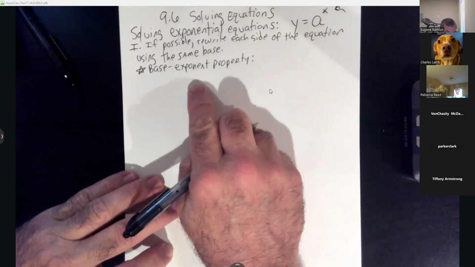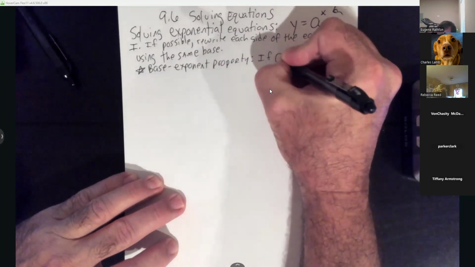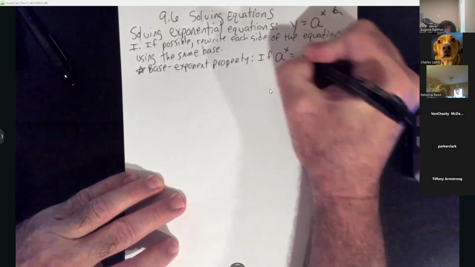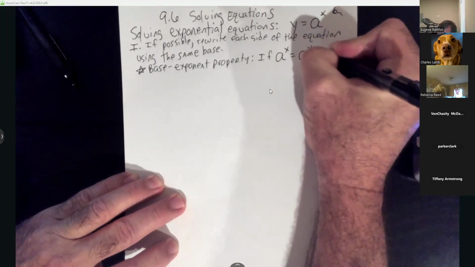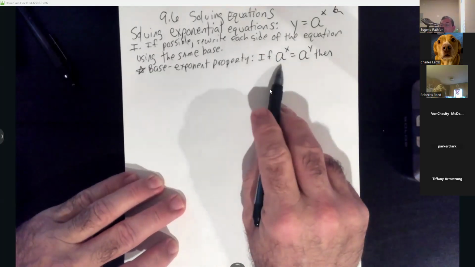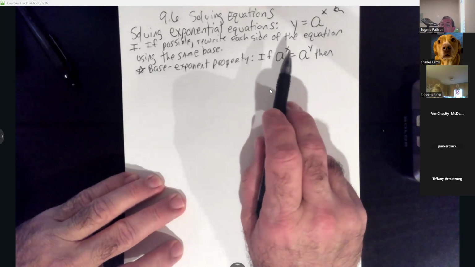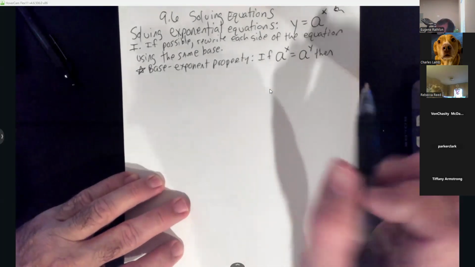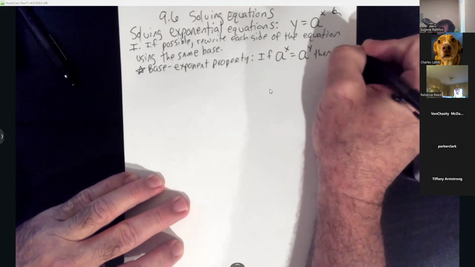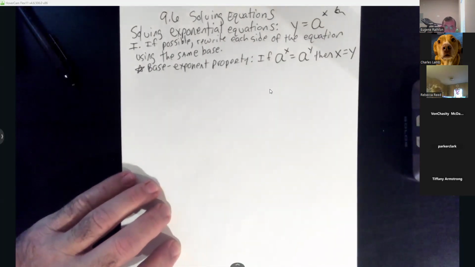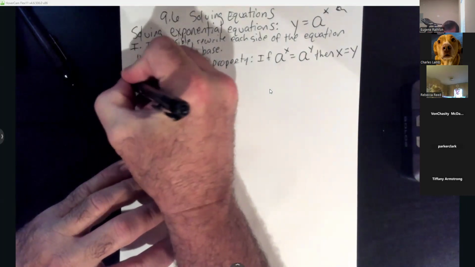So this base exponent property tells me if a to the x equals a to the y, so if two sides are equal and they got the same base, that means the exponents have to be equal. So x has to equal y.